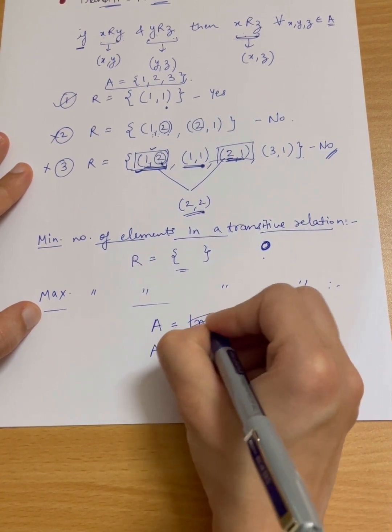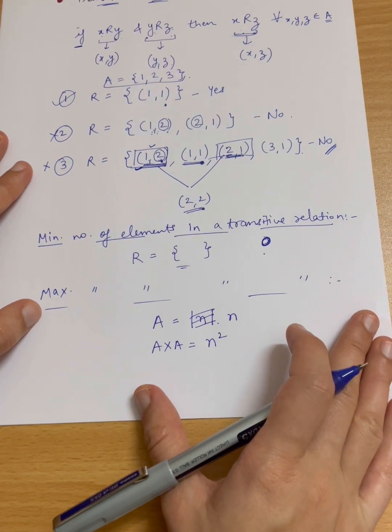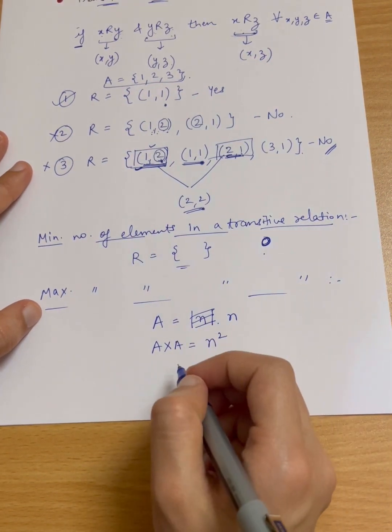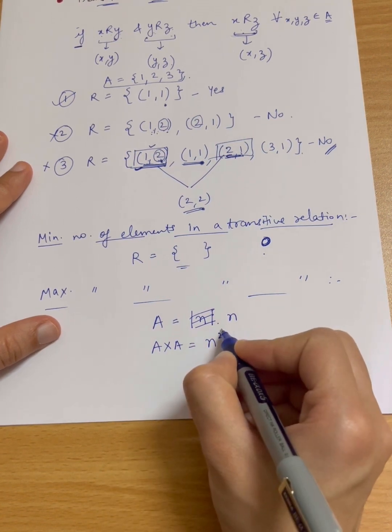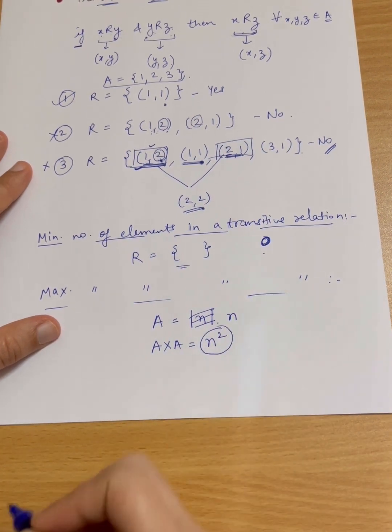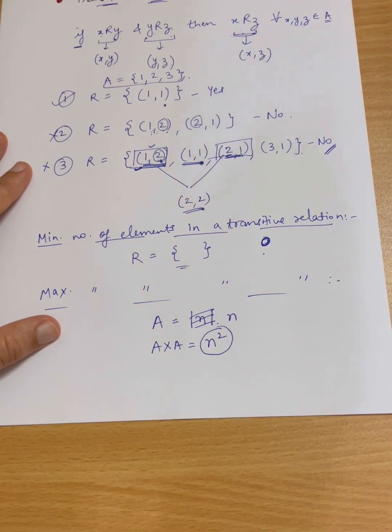So the largest transitive relation should contain n square elements, because that relation contains all the possibilities.